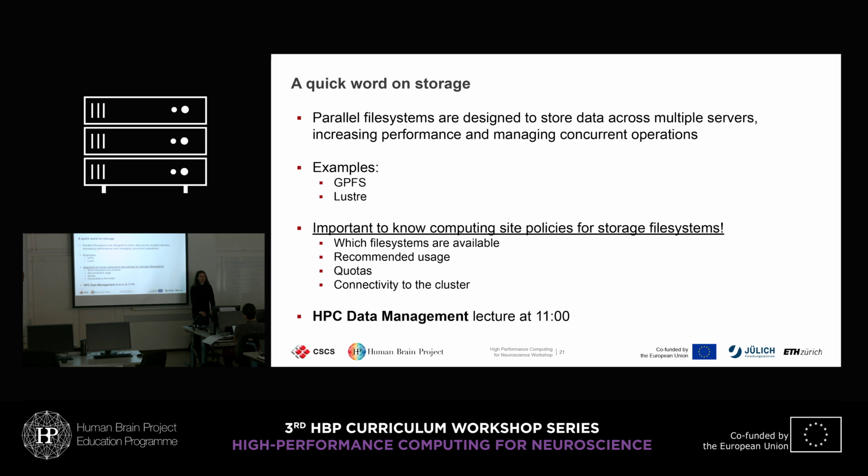I'm not a storage expert. I think Lustre tends to scale better, but it has problems when handling a large amount of small files and when the file system is occupied too much. So you have a significant performance degradation when that happens. So there are advantages, but they have to be managed.